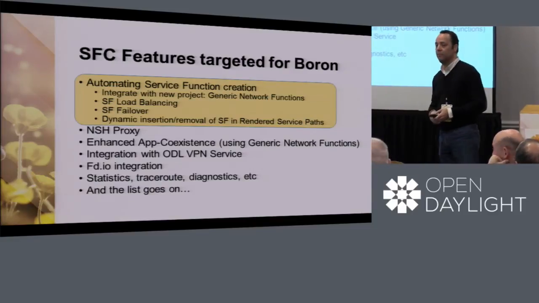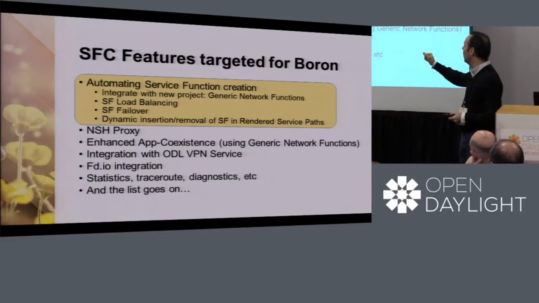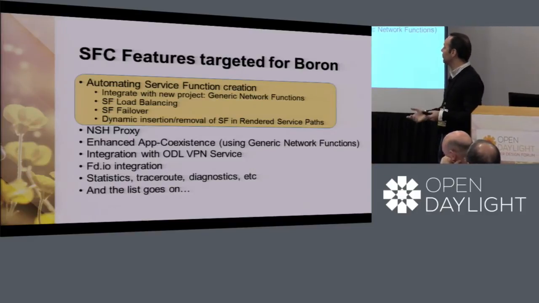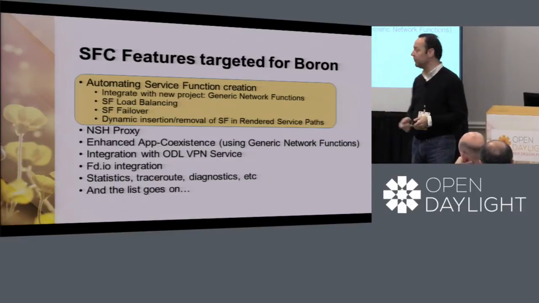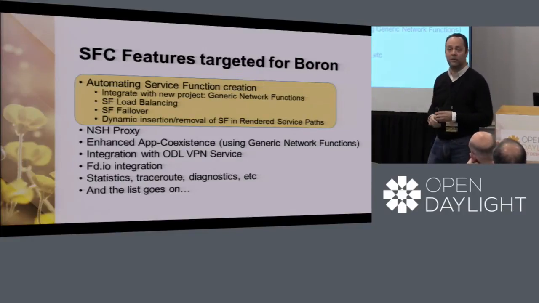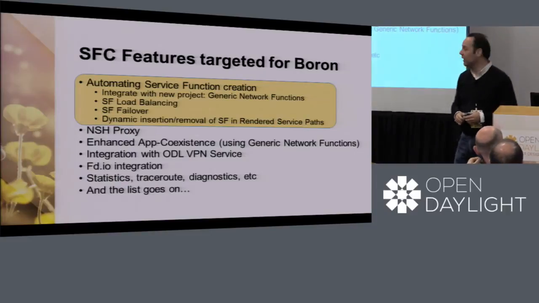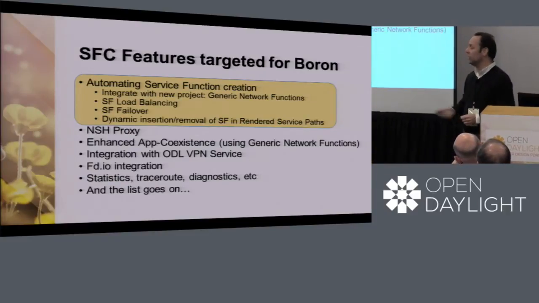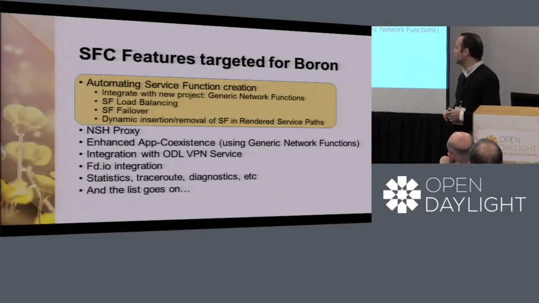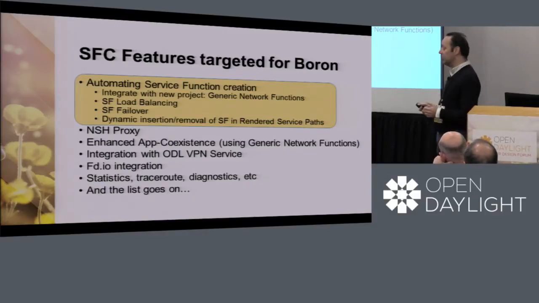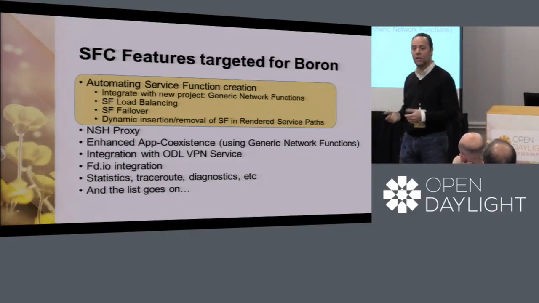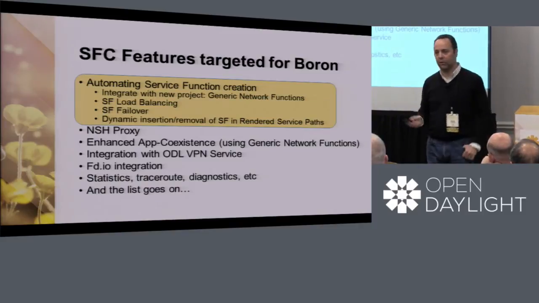Using that interface manager will allow us to do service function load balancing, failover, and dynamic insertion and removal of service functions, which our colleagues from Intel want to implement as well. It will also make the service function configuration a little bit easier. So let's jump right into that.